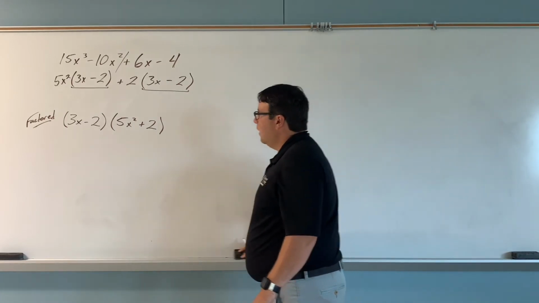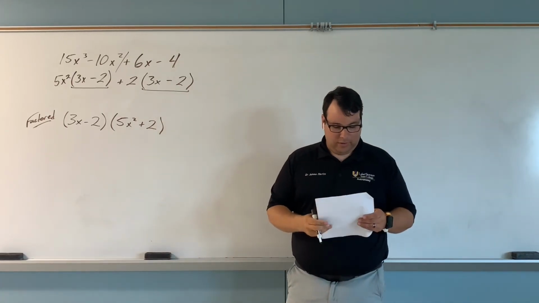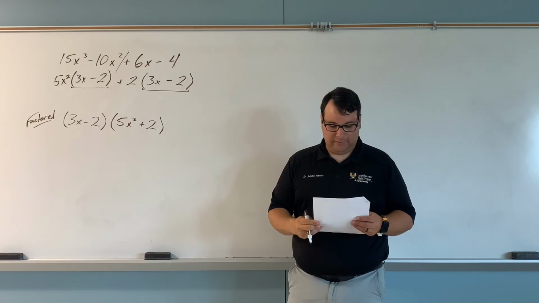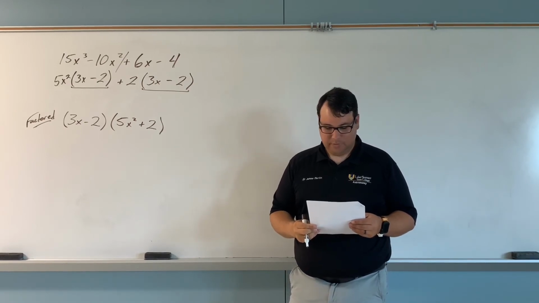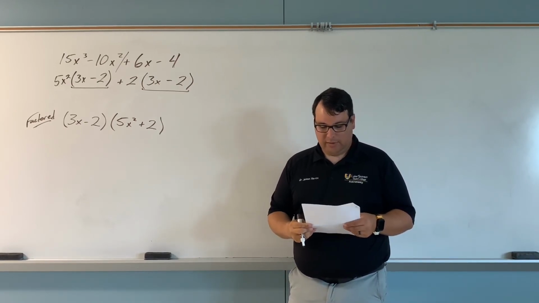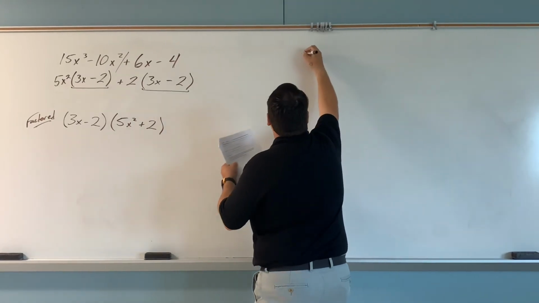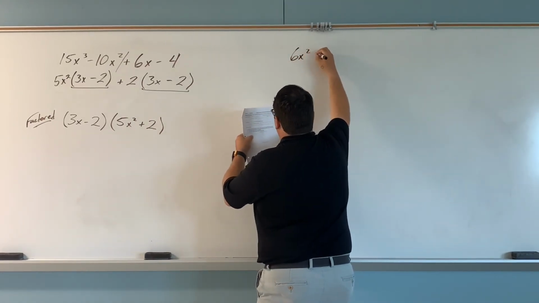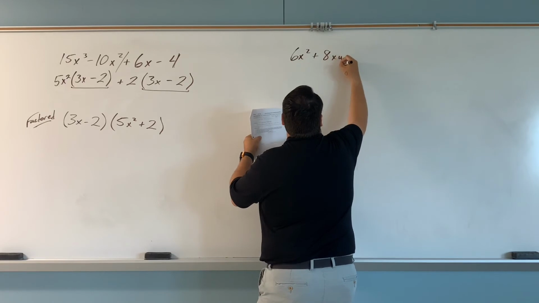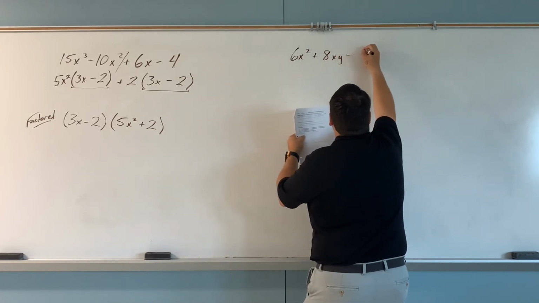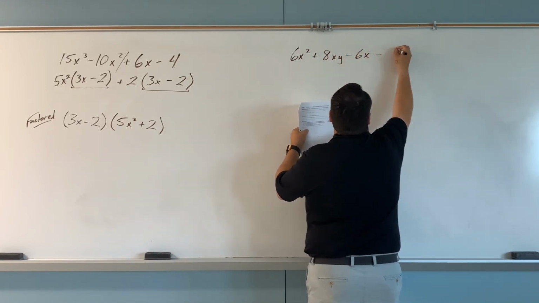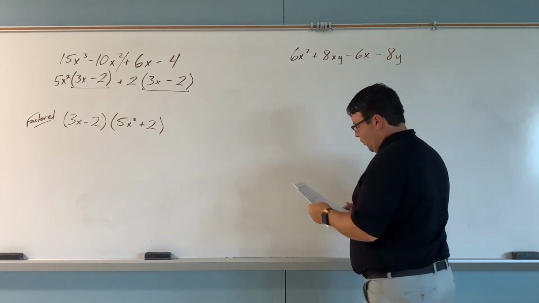Okay, let's jump into another problem here just to get some practice. I am going to look at example 2, which is 6x squared plus 8xy minus 6x minus 8y.